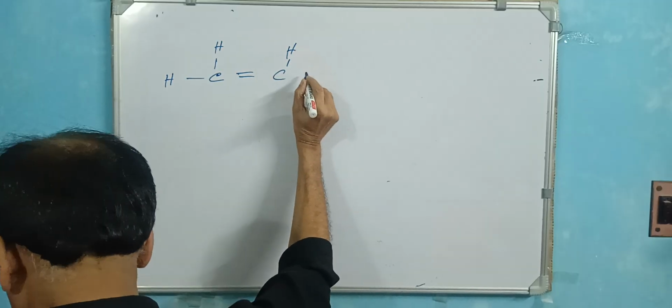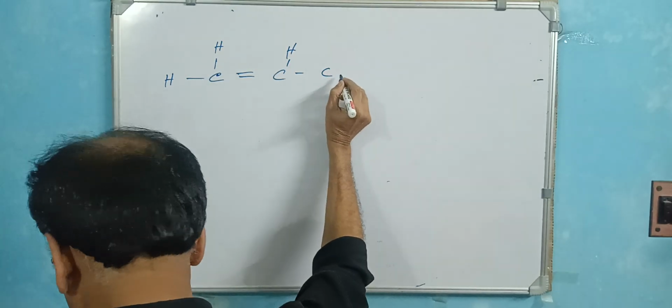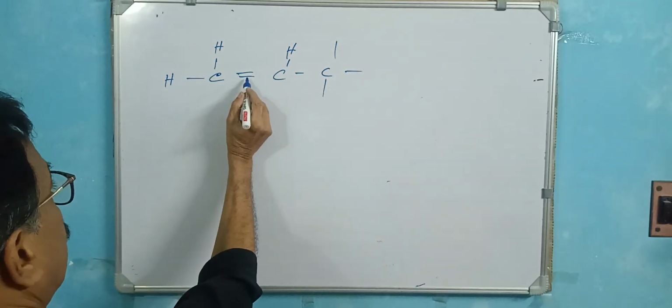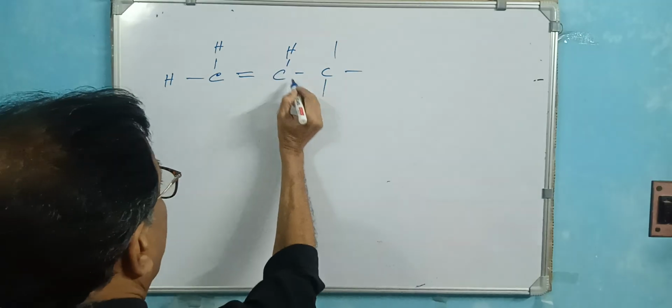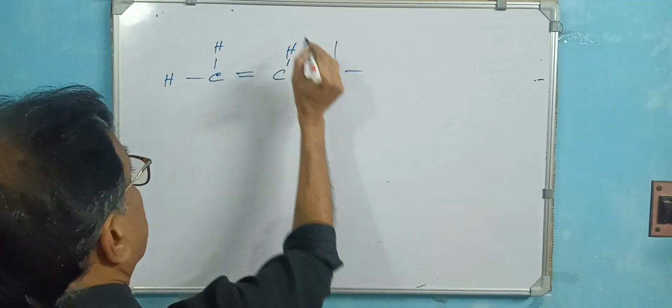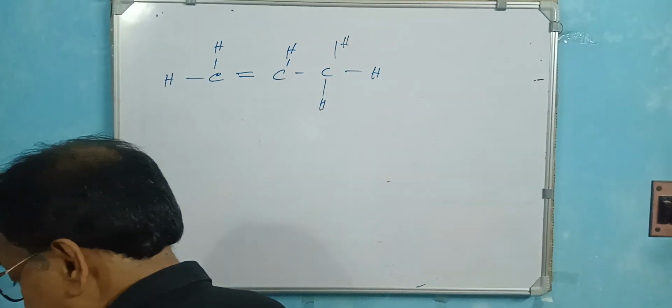CH, CH. Okay, carbon has four hands: two hands one and one, and carbon has four hands. So this is H, this is H, this is H, H, H. What is the naming? What is the name?